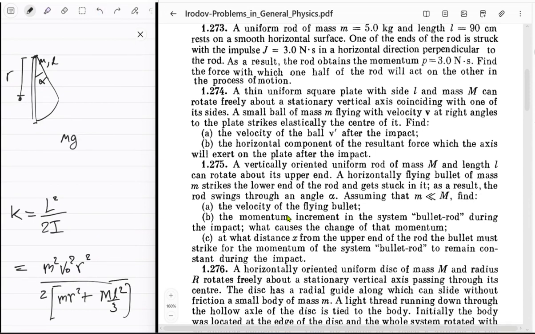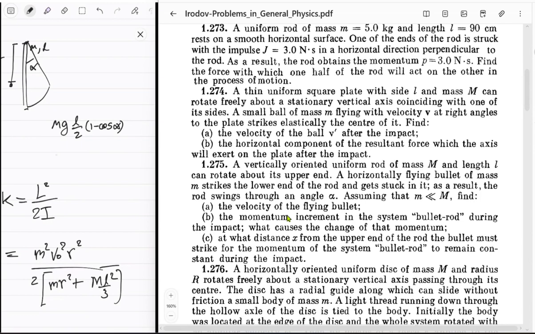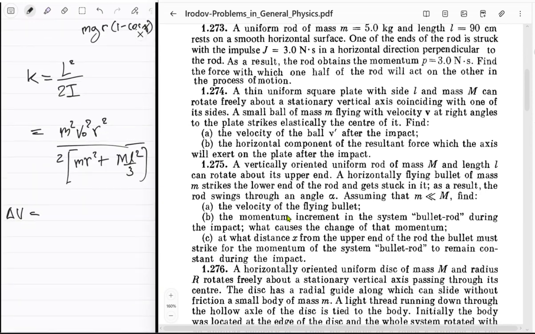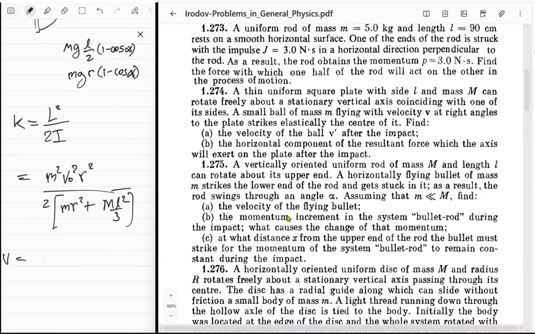So m g l upon 2 times 1 minus cosine alpha. And this other guy is small m g r, 1 minus cosine alpha. That makes sense. Okay, so this will just be equal to g times this thing.